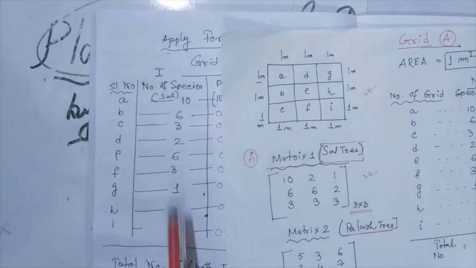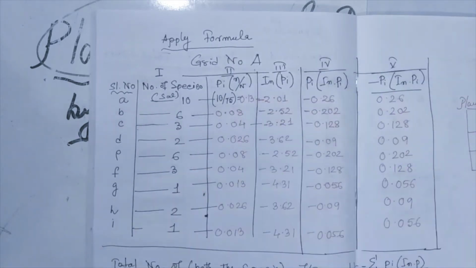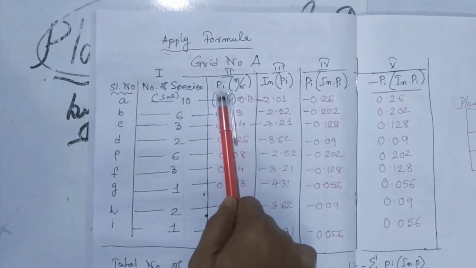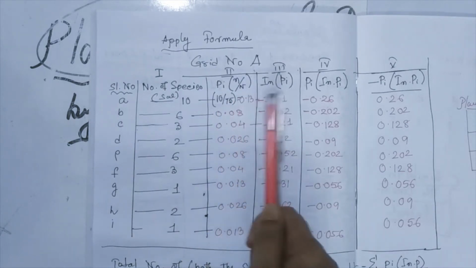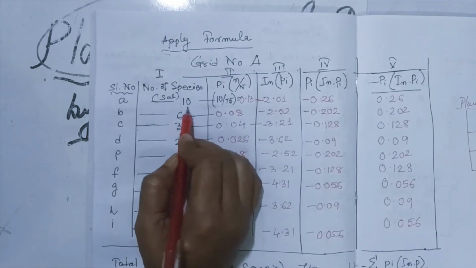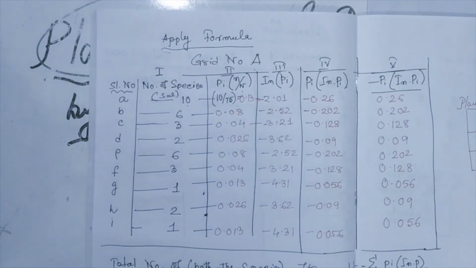Here I am calculating for species number 1, that is the saltry. We are all familiar with the formula of the Shannon matrix. Then identify the P1, small n divided by capital N. Small n is the individual species and capital N is the total number of species within the grid.